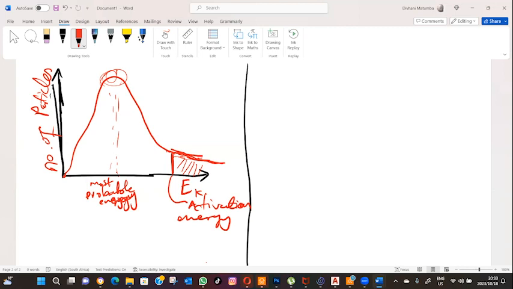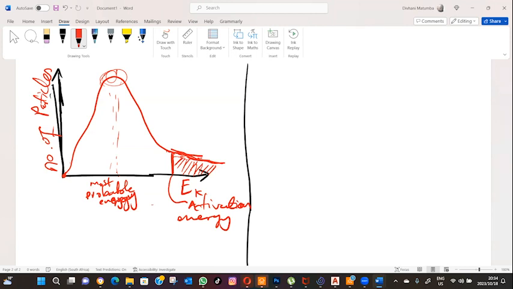That point where the graph starts means that all the particles that you have in the jar of reactants possess energy. There's no particle that does not have energy. Now, this is the effective reaction.